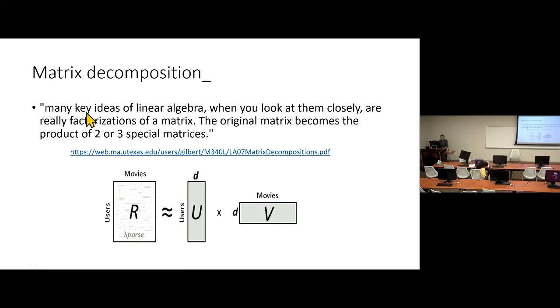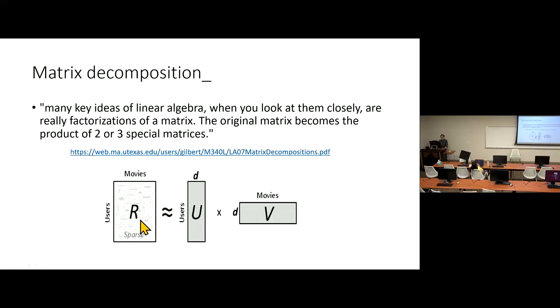So this is an example. This is called the Netflix example. You have users and movies, and the ratings. The viewers look at a movie and then give their scores from 1 to 10 or 1 to 5. So you have a very sparse matrix like this.